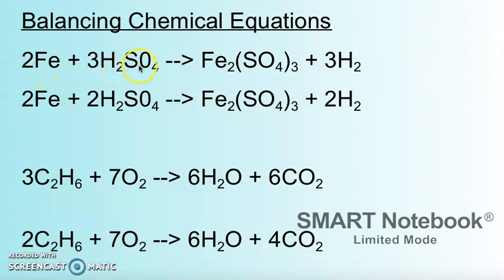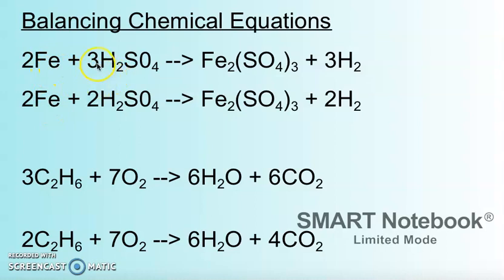So we go over to the other side of the arrow, and though we don't have a coefficient 2, we do have a subscript 2. So yes, there are two Fe's on the left side and two Fe's on the right side. Is that true at the bottom? 2Fe, 2Fe, yes. So both of them are good as far as the iron atoms, Fe.